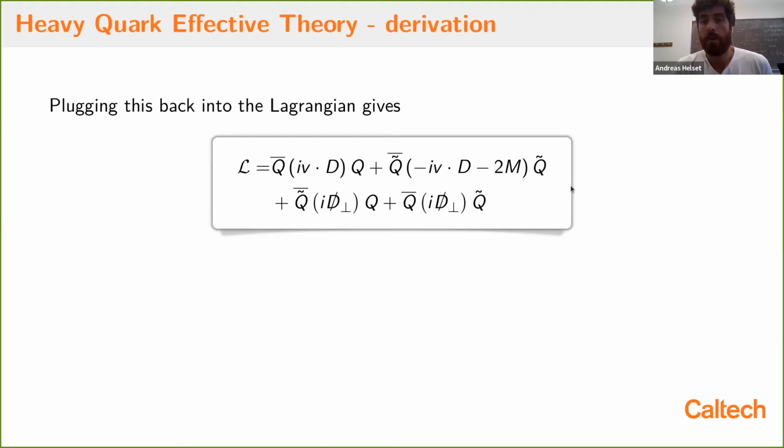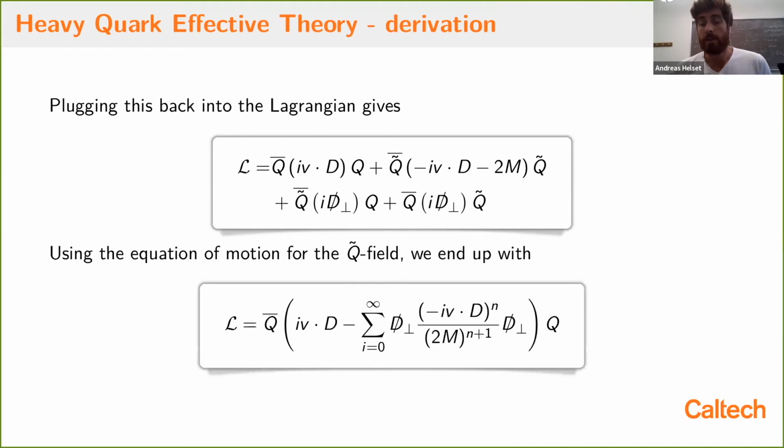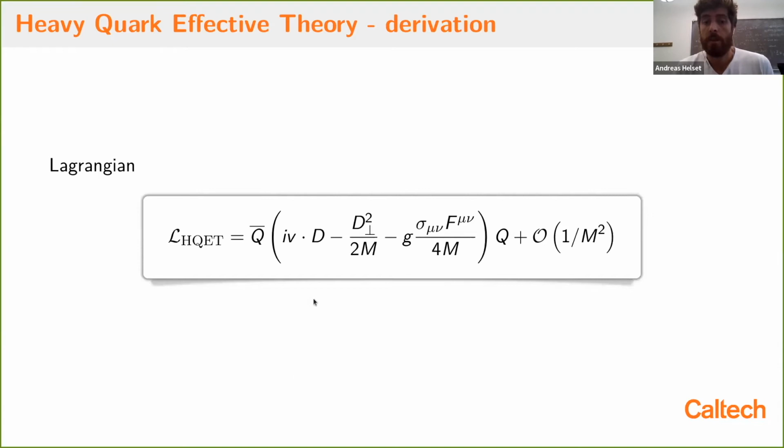We want to remove the Q tilde fields from our theory, and this can be done by integrating out the fields. At tree level, this is just using the equation of motion for the Q tilde field. If we do this, we end up with an effective field theory only involving the Qs, taking this form here. If we expand out to the first few terms, it takes the usual HQET form.